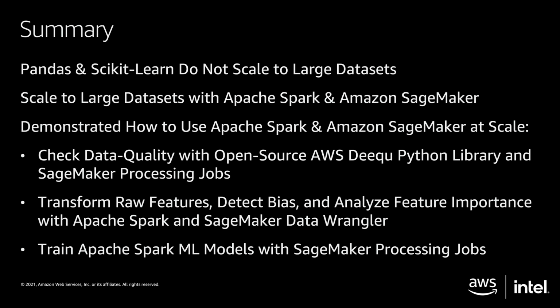The first one was using SageMaker processing jobs and this open source library called Deequ, which by the way is short for data quality. We used that library with Spark processing jobs to actually analyze our data set and tell us if there were any problems or things that we were not expecting. We were also able to generate suggestions after Deequ has seen all of our data.